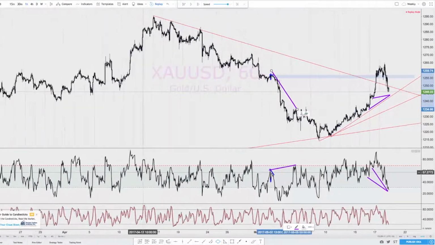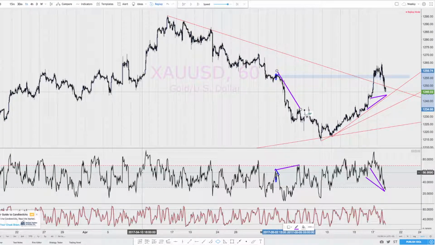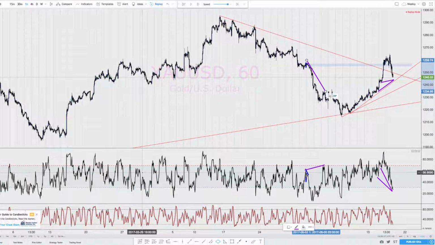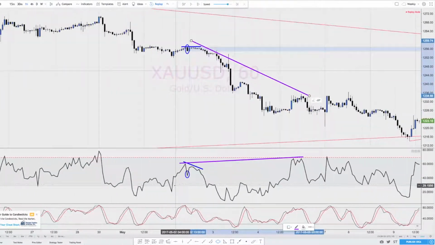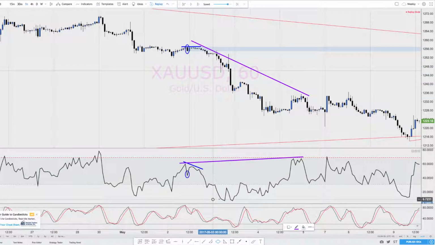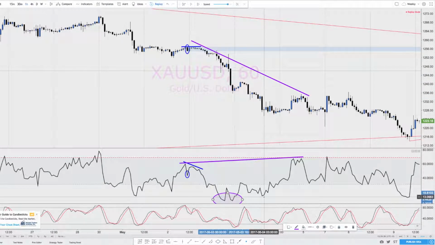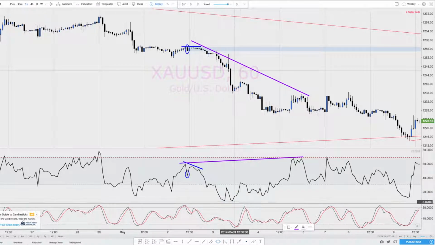So if we were to find a low on RSI, I don't see any low on my RSI that is lower than this point here. So what I'm going to do is take the lowest point I can find on the RSI here, which would be that there.